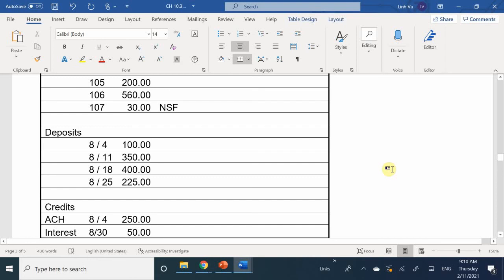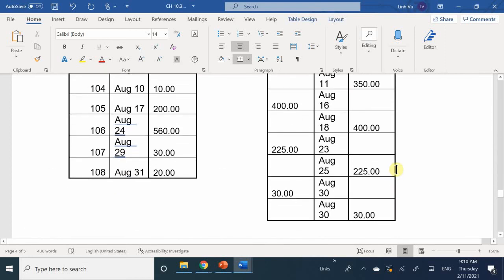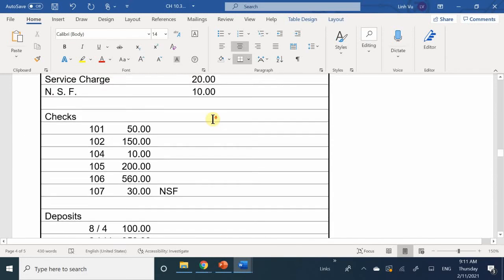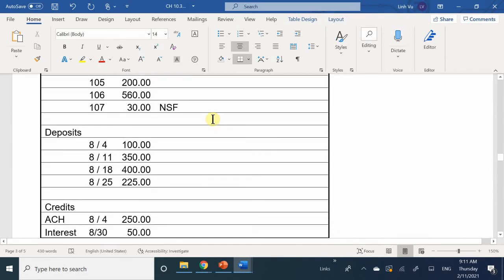4. So rule of thumb is you're going to automatically associate what was the last deposit you made. So in this case, my last deposit I made was on August 30th for $30. Now let's look. Did my August 30th deposit go through?